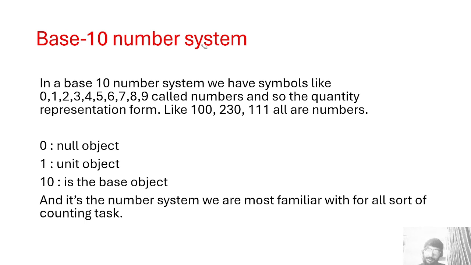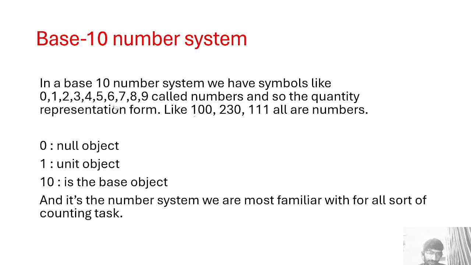So, the base 10 number system, this is what we are familiar with. In the base 10 number system, we have symbols like 0 to 9. You call them numbers, right? And so you can represent the quantity in these forms: 100, 230, 111. They all are numbers, right?